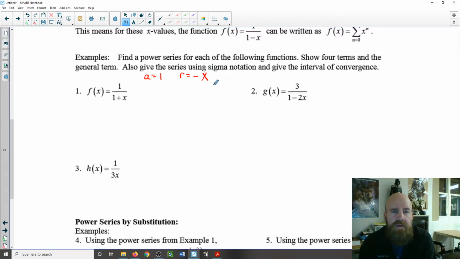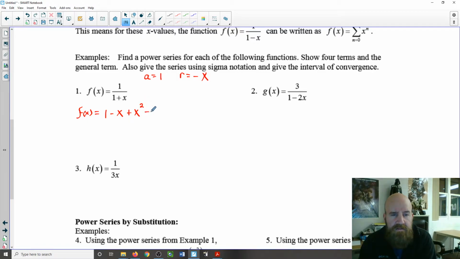Okay, so now we can go ahead and write our polynomial. Our f of x in our power series, the function we're going to write to mimic this, is 1. We start with the a value, and then we multiply each term by our r value. So 1 times negative x, we would just get minus x. And then if we multiply this term by negative x, we get plus x squared.